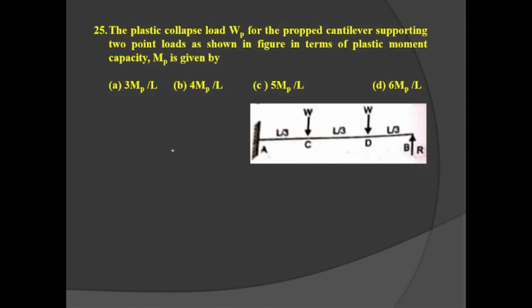Mechanism 1 is one plastic hinge at the fixed support, and a second plastic hinge below W. So this mechanism is formed. Then our load in that situation is equal to 6 MP by L.